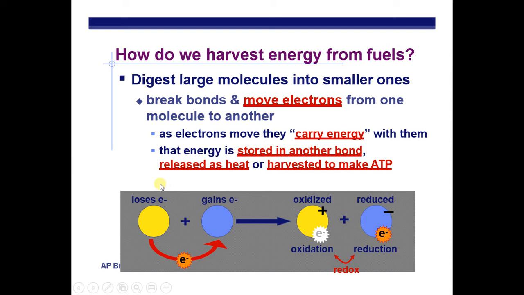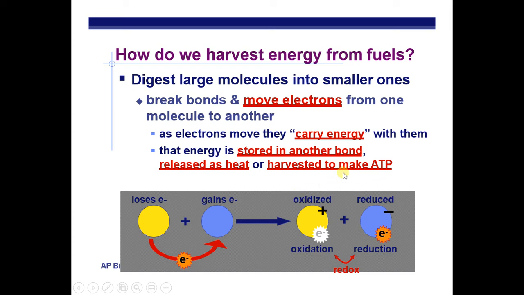This is a simplified model: if we're breaking something down, like a glucose molecule, into smaller parts, we're removing electrons, or energy, from the bonds we are breaking, and storing those electrons in another molecule used specifically to carry them to somewhere we can use them to make ATP.